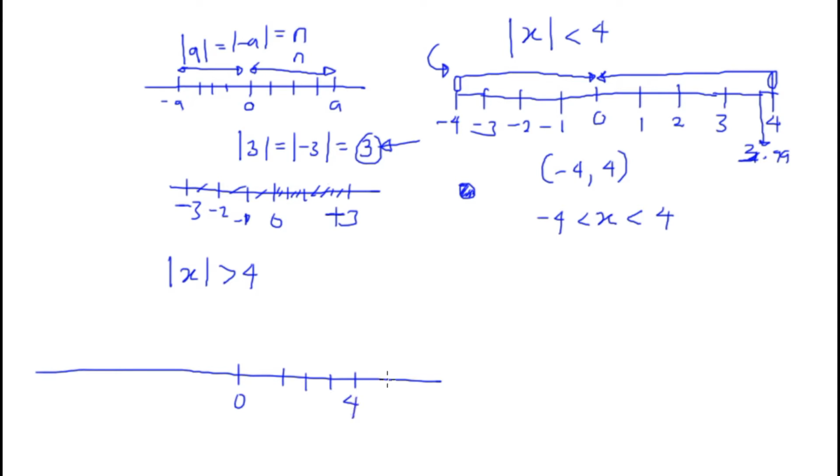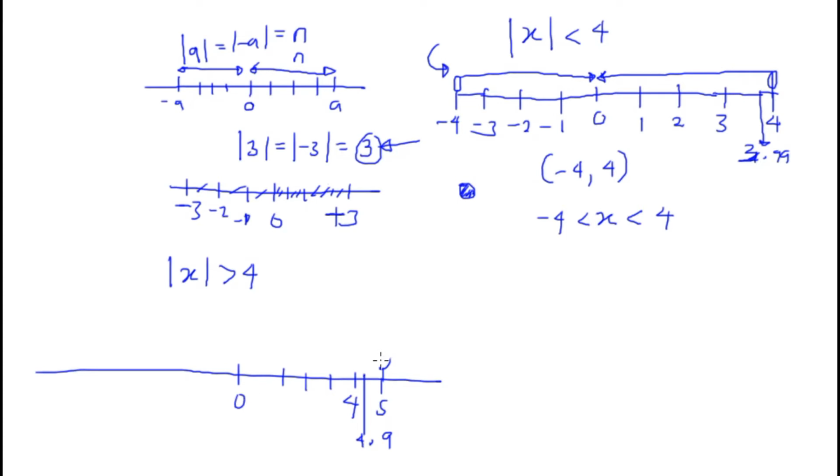So starting from 4 upward, like 5, the units away from this point is actually 5, which is greater than 4. So 5 is valid, and 4.99 is valid because it is actually greater than 4. So the circle will not be on 5, the circle will be on 4.